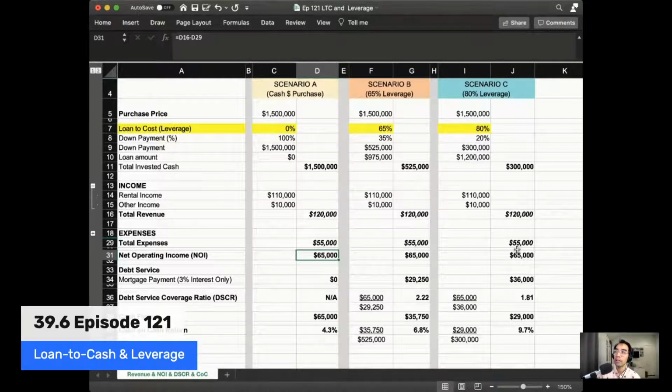But if you buy something with 80% leverage, with regular depreciation and mortgage interest payments, you usually are not paying any tax. If you're paying for something in cash, with just regular straight line depreciation, you're likely going to be paying some tax on the money. So that decreases that cash on cash return even more because you're not going to keep all that 4.3%.